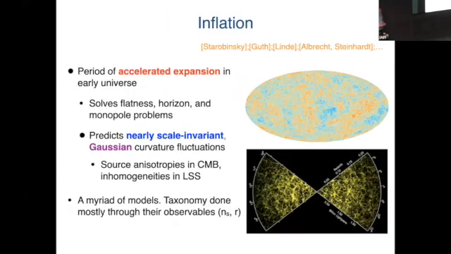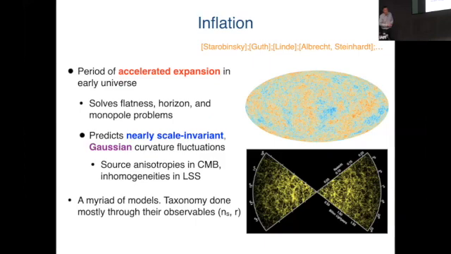Okay, so the question that we would like to ask is whether the persistent homology of cosmological observables can help us pin down the underlying theory. So I have inflation in mind, which is arguably the leading paradigm for early universe cosmology.